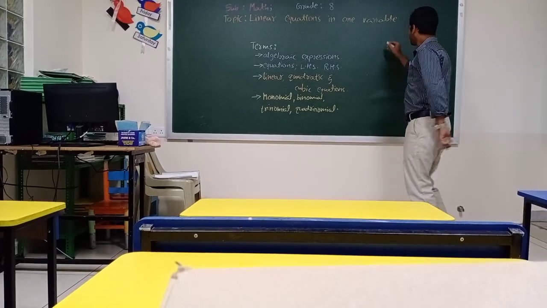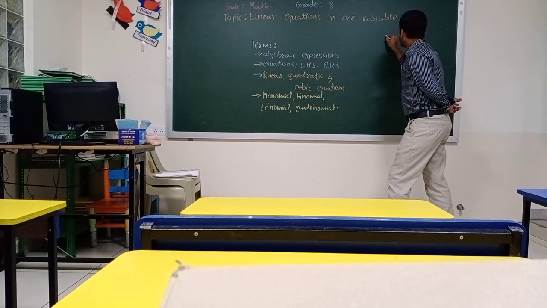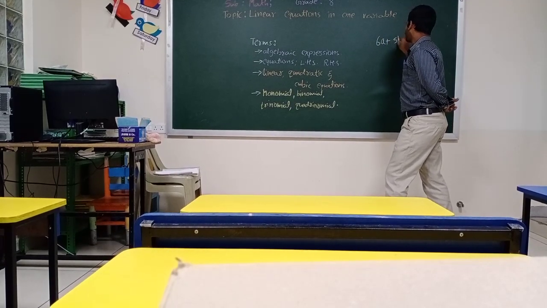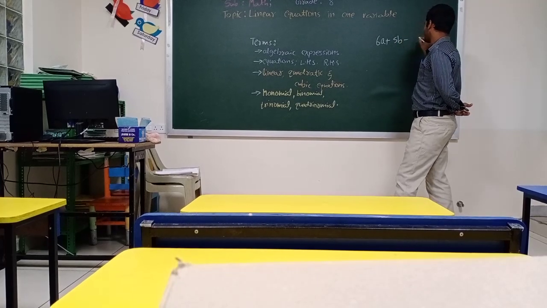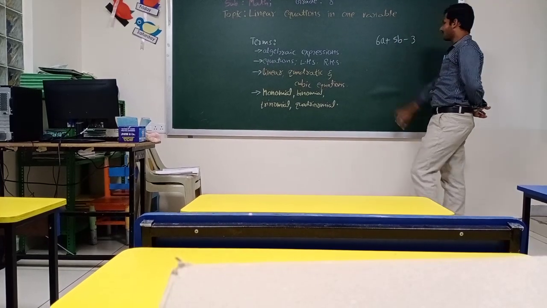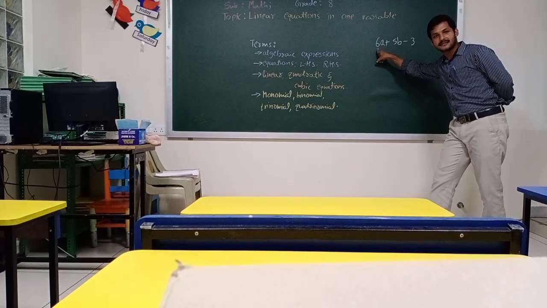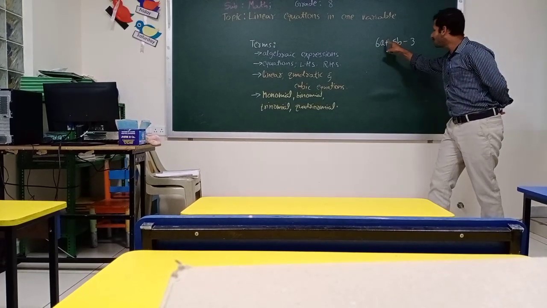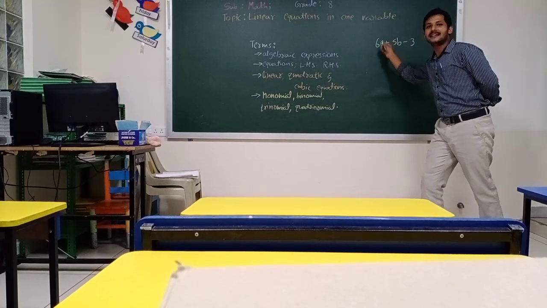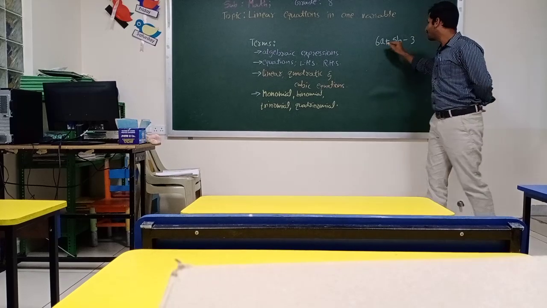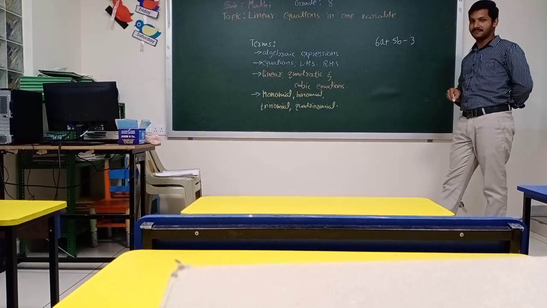For example, here is one expression: 6a plus 5b minus 3. You can see here we have 6, which is a number. We have a here. A is nothing but a variable or an alphabet. Similarly, we have operations also here.